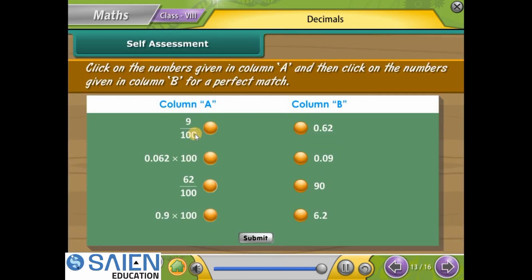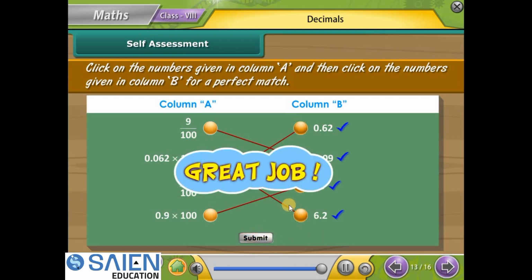Match the following by dragging the buttons to the appropriate options. Great job!